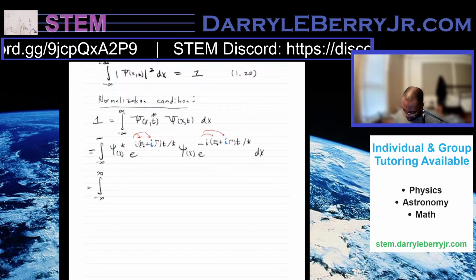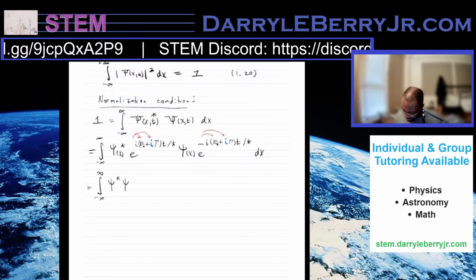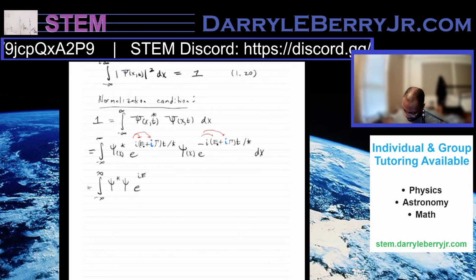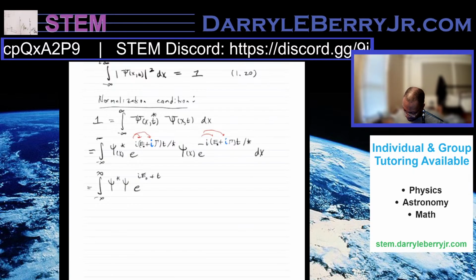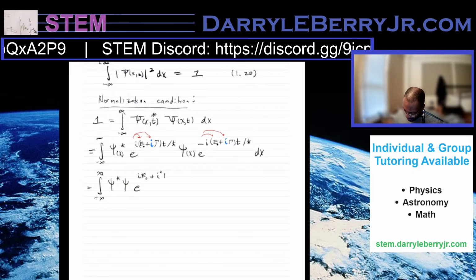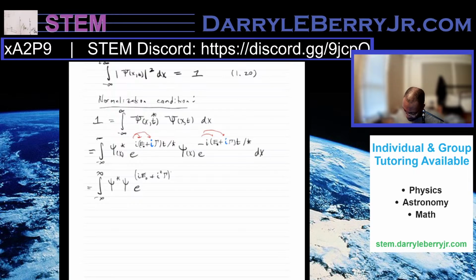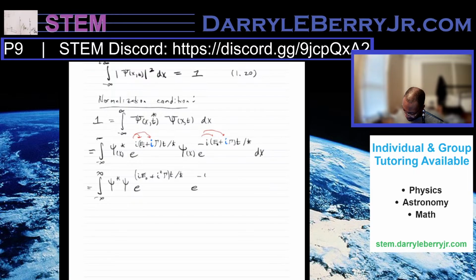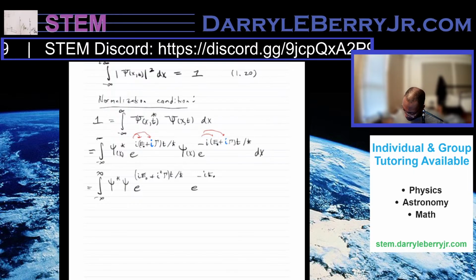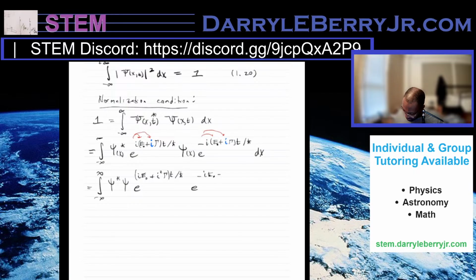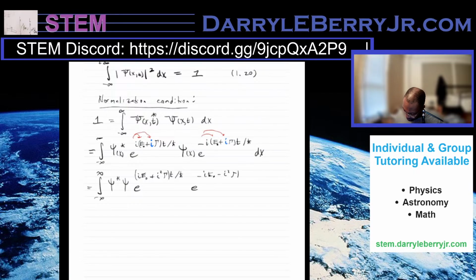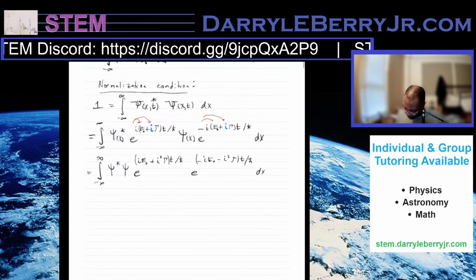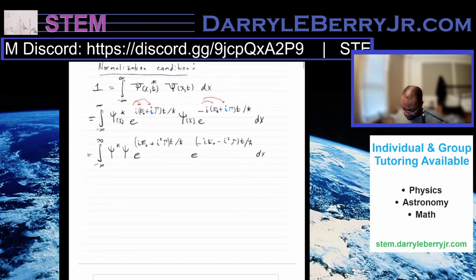We have the integral from negative infinity to infinity of psi star psi, then e to the i e naught plus i squared lambda t over h bar, e to the negative i e naught minus i squared lambda t over h bar dx, right? So that seems good so far.